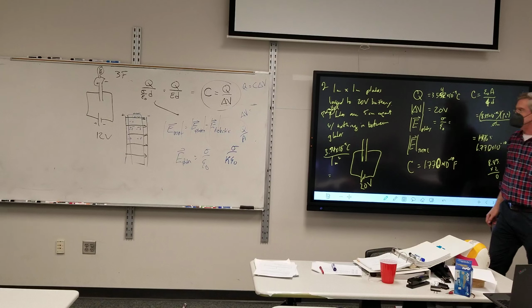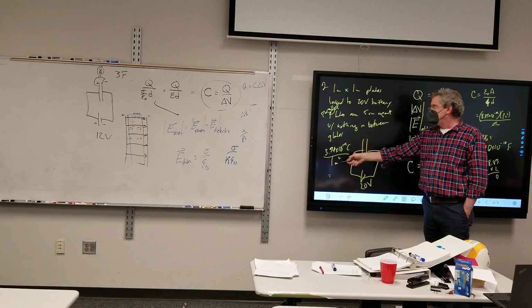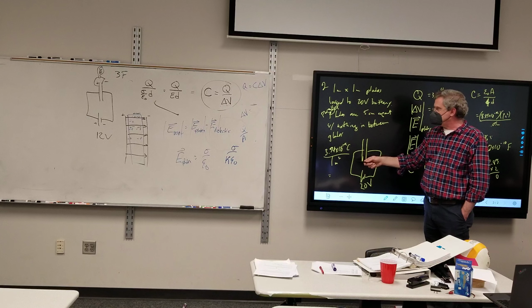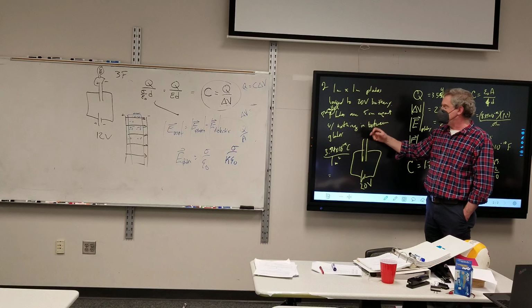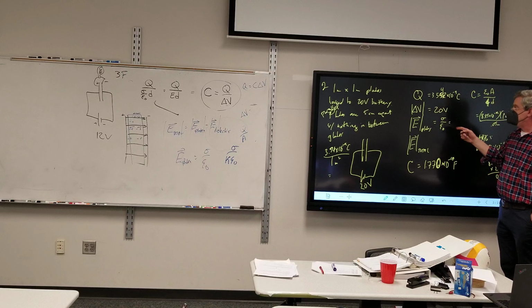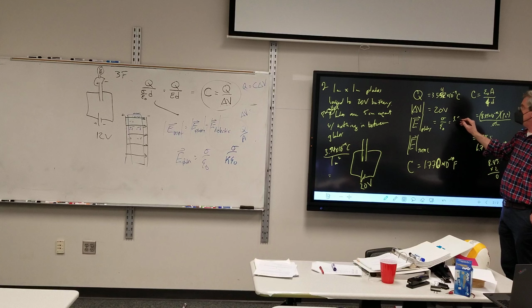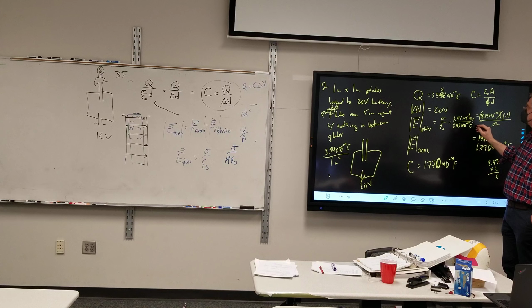So my surface charge density is 3.54 times 10 to the negative 9th. That is just horrible handwriting. And then divide by epsilon naught, so 3.54 times 10 to the negative 9th coulombs per square meter over 8.85 times 10 to the negative 12 coulombs squared per Newton meter squared.